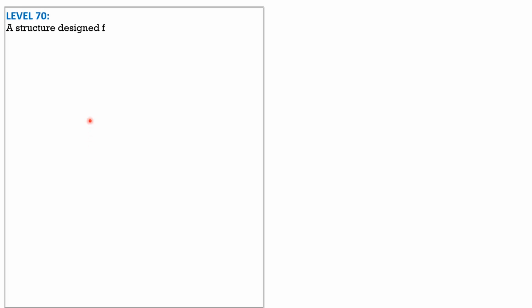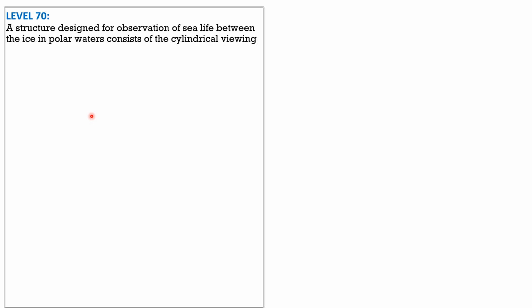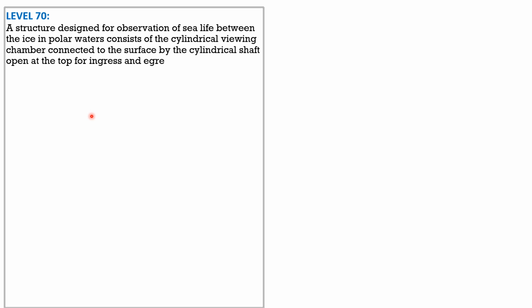A structure designed for observation of sea life between the ice in polar waters consists of a cylindrical viewing chamber connected to the surface by a cylindrical shaft open at the top for ingress and egress. Ballast is carried in the rock below the chamber.